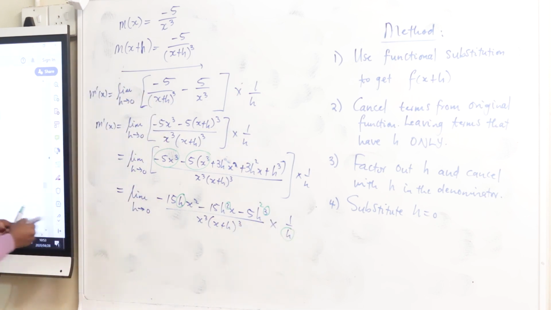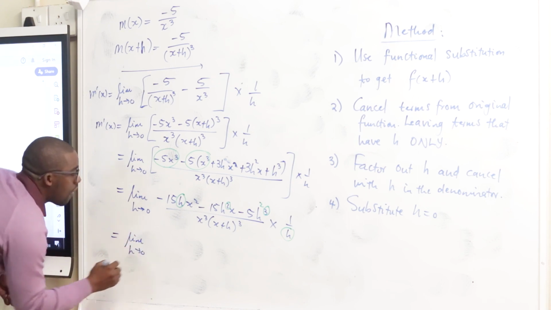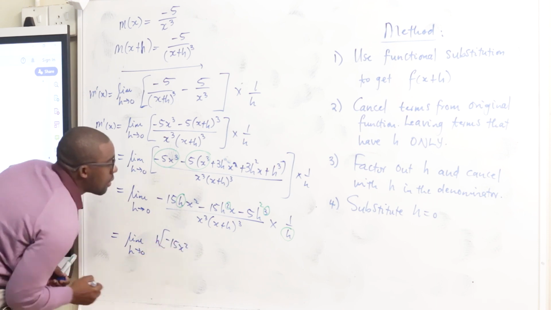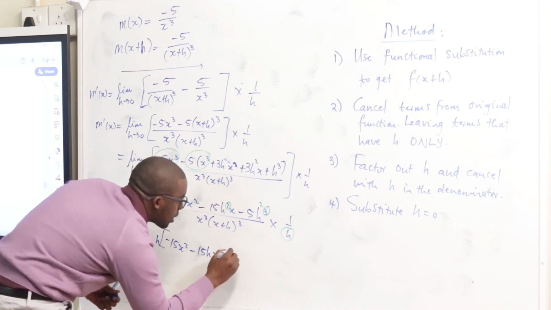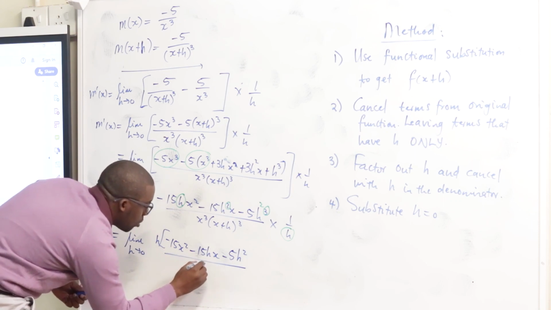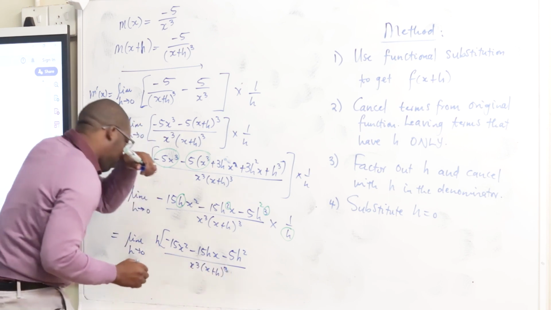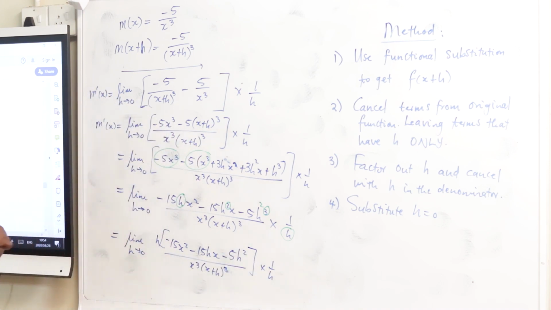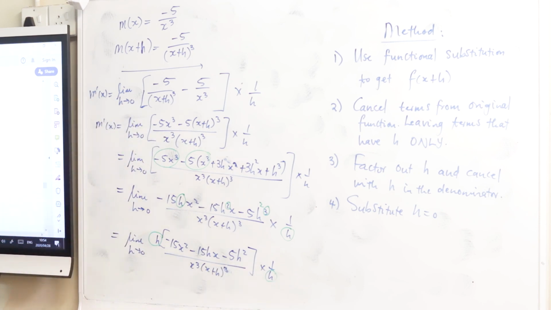So if I were to expand it, this is going to be limit as h goes to 0 of an h outside, minus 15x squared minus 15hx minus 5h squared all over x cubed x plus h cubed, multiplied by 1 over h. This h here and that one are going to cancel.